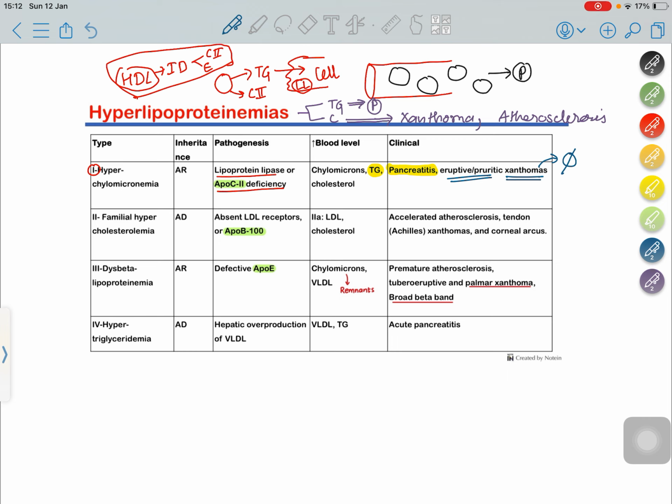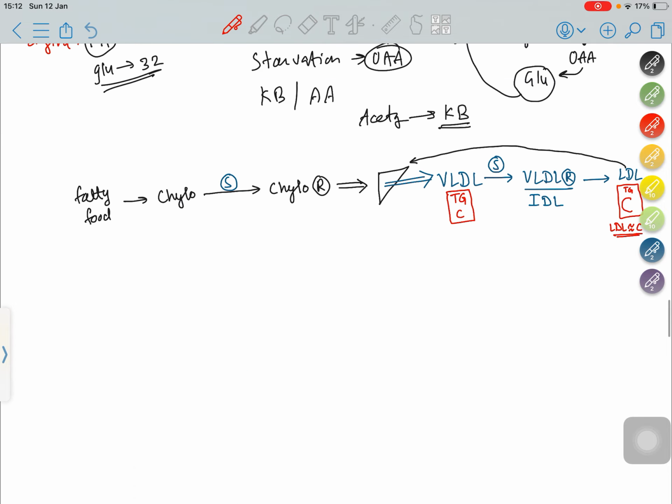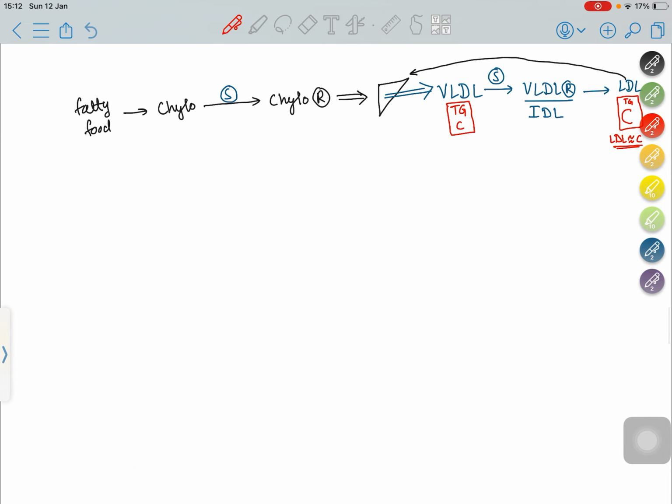Now next is type 2, familial hypercholesterolemia. Here there is deficiency of LDL receptor, and the ID card over here is ApoB100. So let's go to our chain. Here the LDL is being taken up by the liver. If there is no taking up of LDL, the LDL would get accumulated.